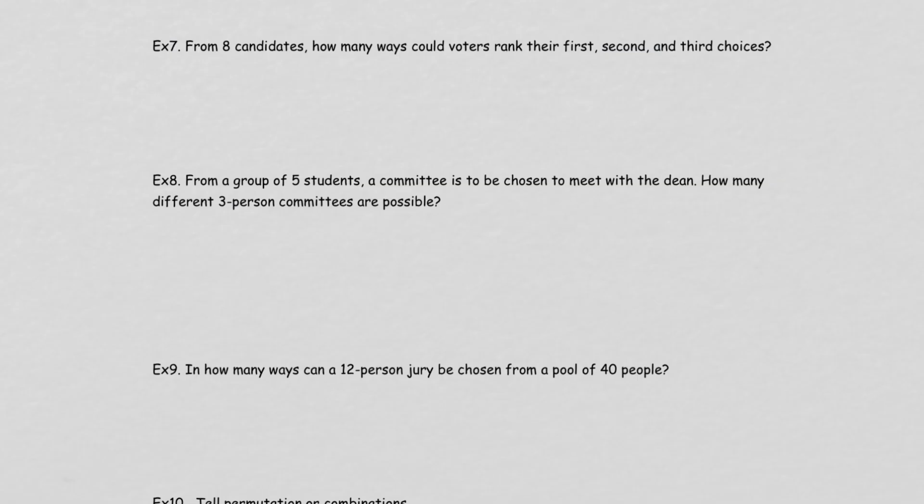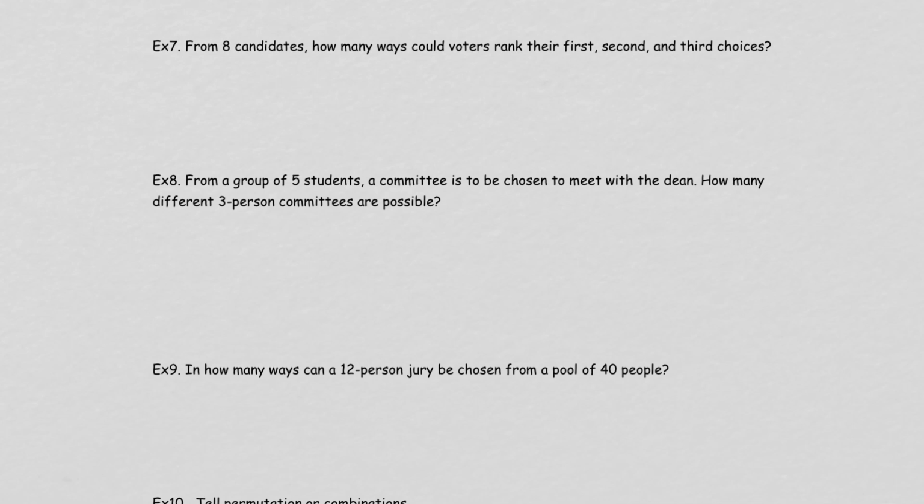Example 7 is asking, from 8 candidates, how many ways could voters rank their first, second, and third choices? If the problem were just saying how many ways of choosing 3, then order would not matter.